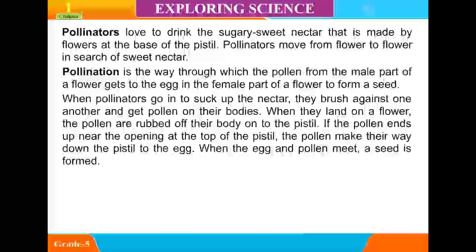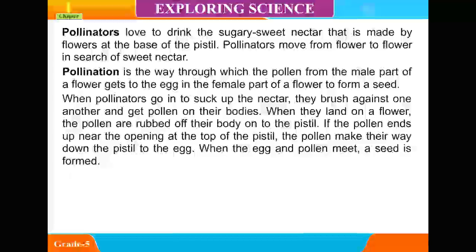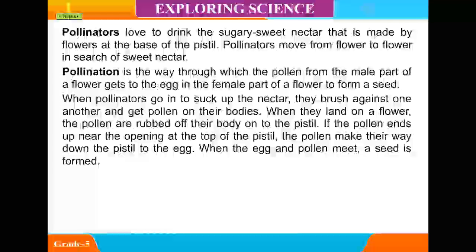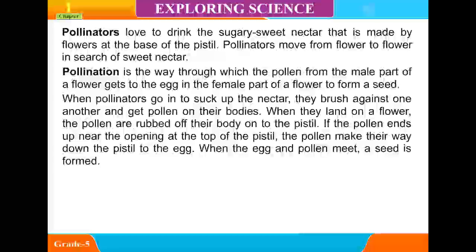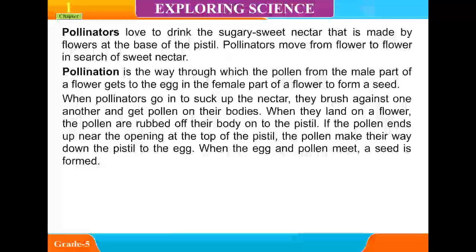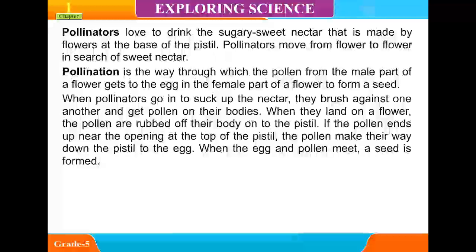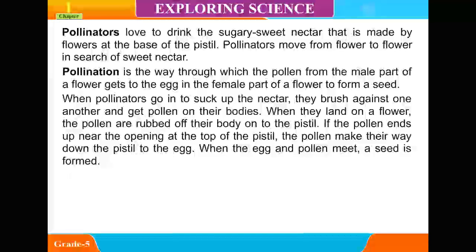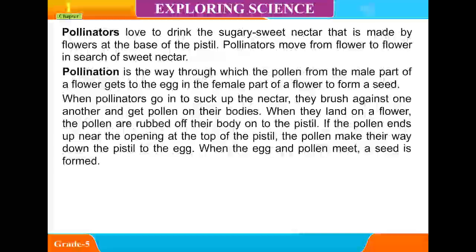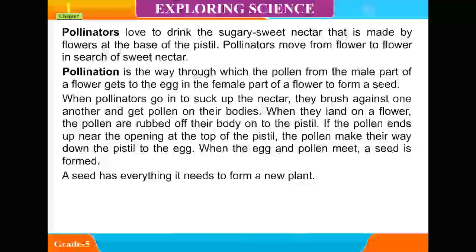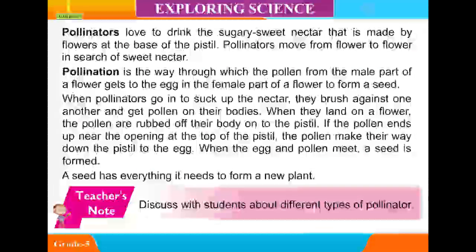When pollinators go in to suck up the nectar, they brush against the flower and get pollen on their bodies. When they land on a flower, the pollen is rubbed off their body onto the pistil. If the pollen ends up near the opening at the top of the pistil, the pollen makes its way down the pistil to the egg. When the egg and pollen meet, a seed is formed. A seed has everything it needs to form a new plant.